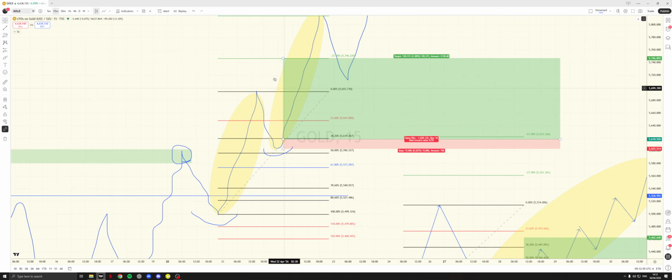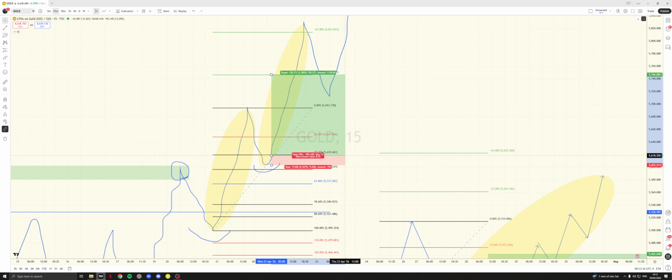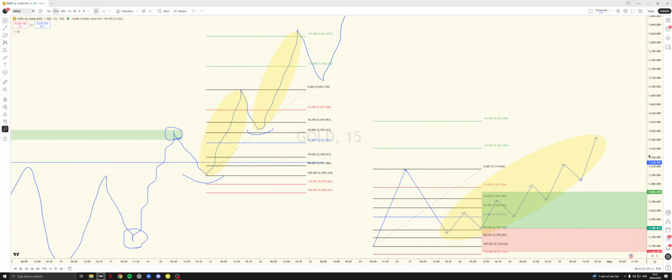But that risk to reward to TP1 is efficient enough. Like that's 128 points of gold, which is an insane trade. It's a 1 to 8 or a 1 to 8.5 risk to reward right there, and it slaps it straight away. And you can continue to do that as the trend progresses.